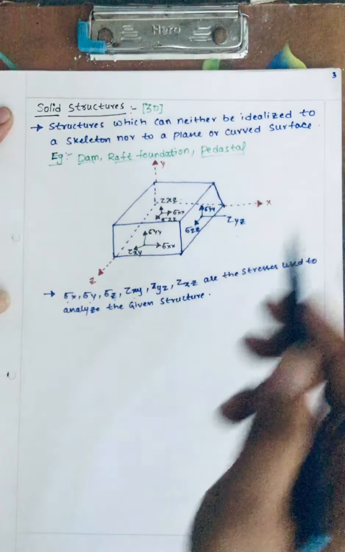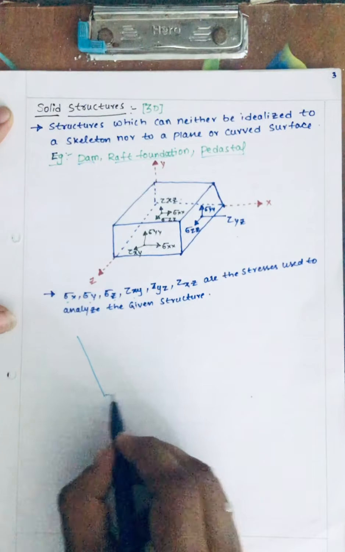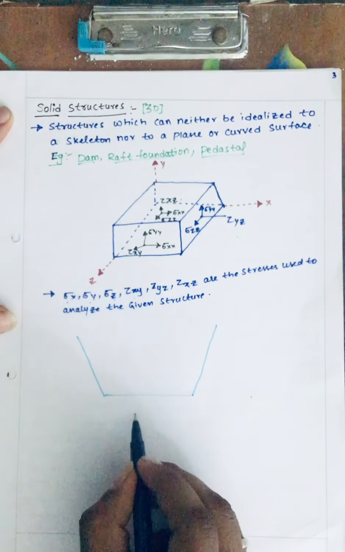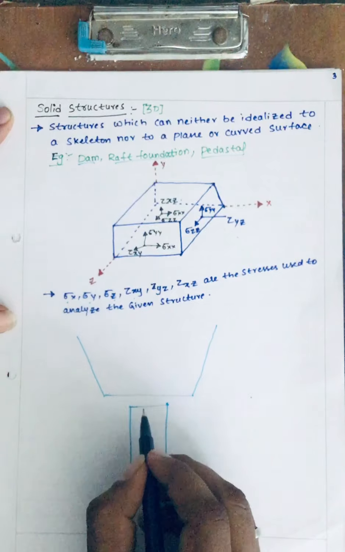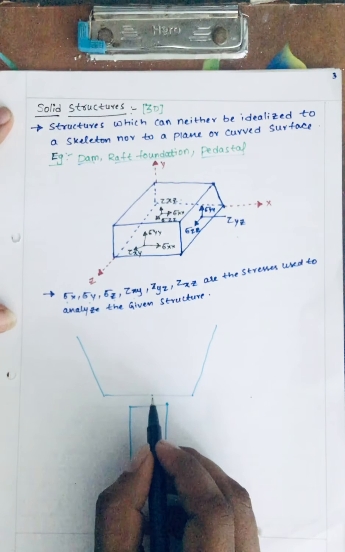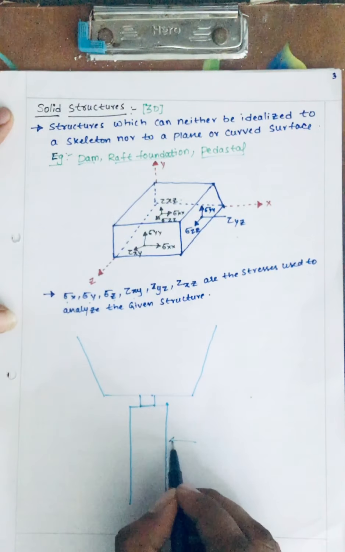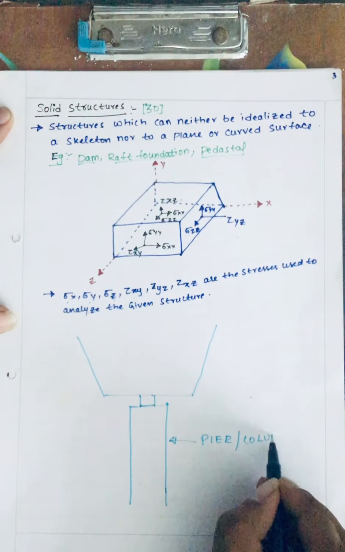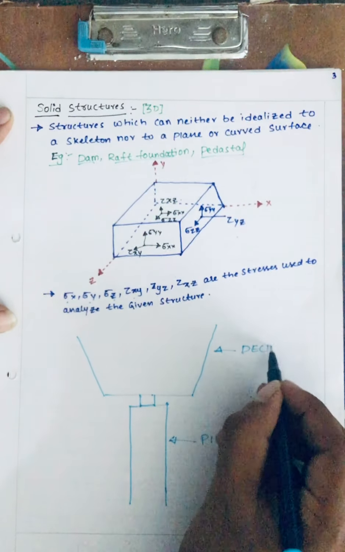So what is a pedestal? I think you have seen a metro deck or any deck bridge. This is the deck bridge, and this is a column, also known as a pier. Pier or column, and this is the deck slab or deck.